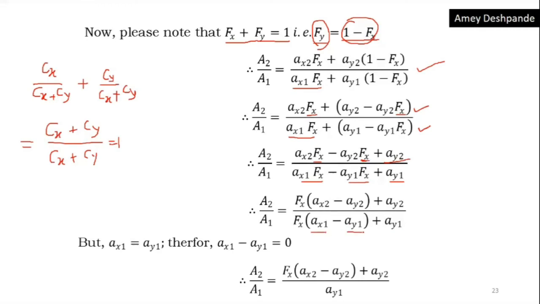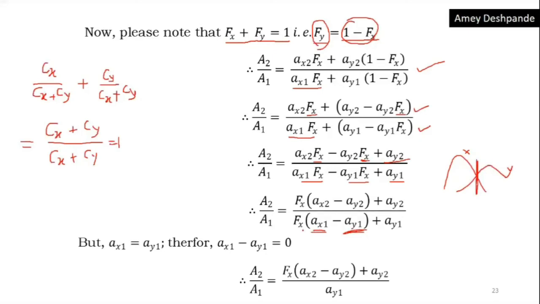But ax1 and ay1 are the same. That is, absorptivity of x at the first wavelength is equal to absorptivity of y at that same wavelength.